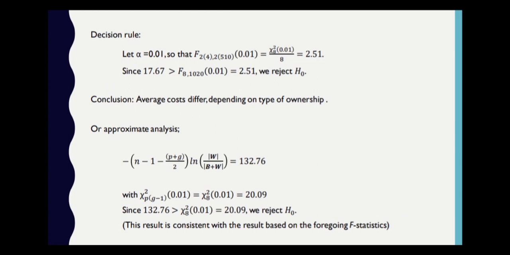Okay, so we compare dengan F. Kalau dalam you punya table 6.3 tadi, kita compare dengan F, this one, F with 2p and 2 summation of n_l minus p minus 2 degrees of freedom. You akan dapat 510. Okay, the value is 2.51.